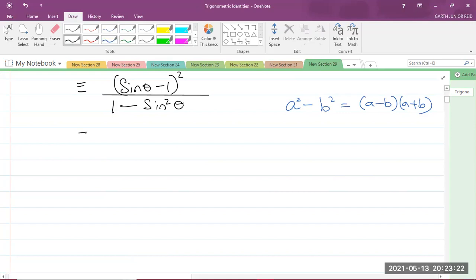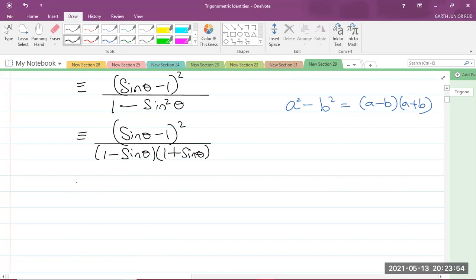So this is now equivalent to sine theta minus 1 all squared, divided by the factored form of 1 minus sine squared theta. When we factorize that expression, we get 1 minus sine theta multiplied by 1 plus sine theta.